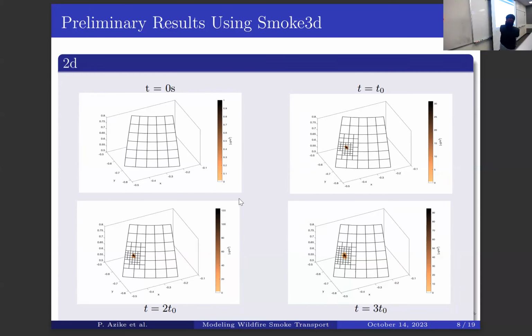So in reality, the time is going to be with respect to whatever velocity we choose, and that's why I define it as T equal to T naught. Here, T equal to 2T naught and 3T naught. So it could be seconds, it could be hours, whatever velocities we choose at the end of the day.